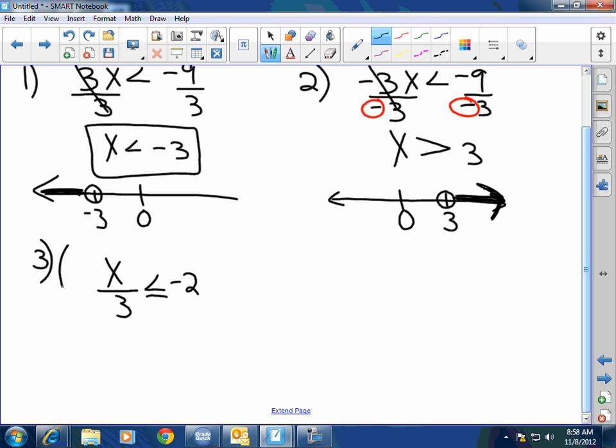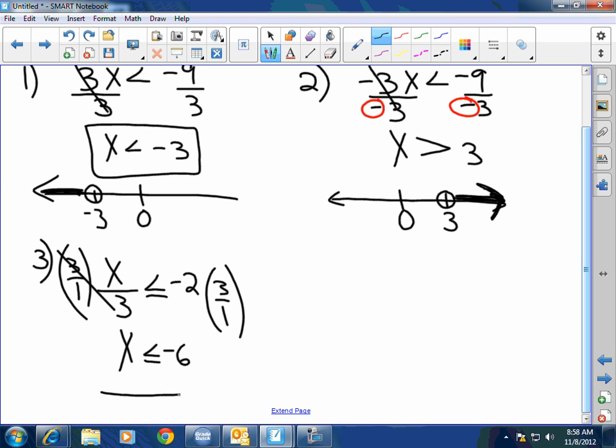Here I'm going to multiply both sides by the reciprocal, just like the regular equations. X is less than or equal to negative 6. Did I multiply by a negative 3? I multiplied by a 3, right? Positive. So I do not flip the sign. And this graph here, 0 is negative 6, less than or equal to, solid circle, and to the left.